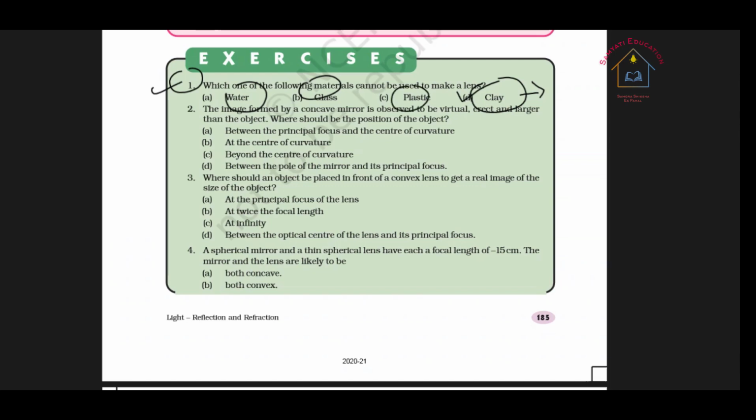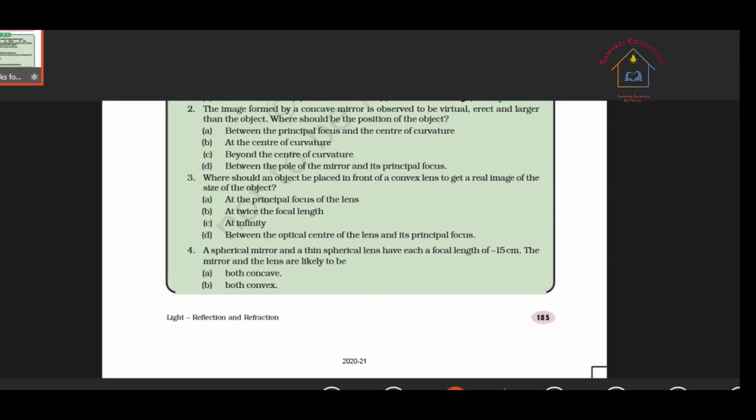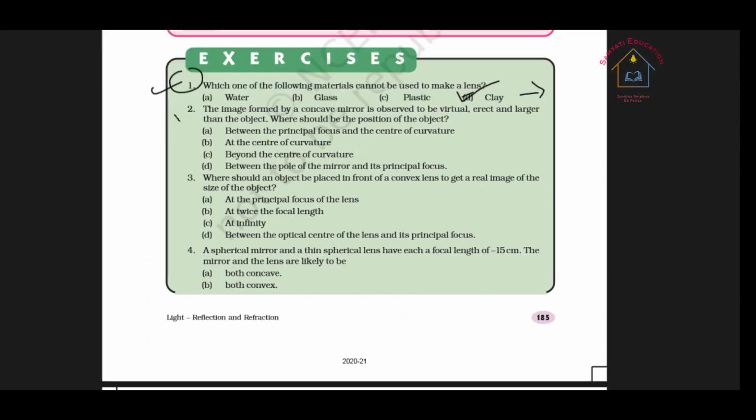Next, question number 2. The image formed by a concave mirror is observed to be virtual, erect, and larger than the object. Where should be the position of the object? Let's draw the diagram for this.